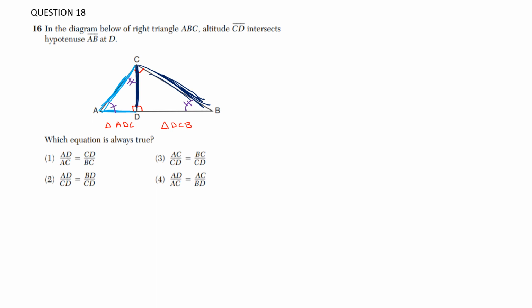Because in this smaller triangle, we also have a 90 degrees, and angles A and ACD have to add up to 90 degrees, so they're complements as well. So that's why angle ACD is equal to angle B. So that also means that this angle, DCB, is equal to angle A.